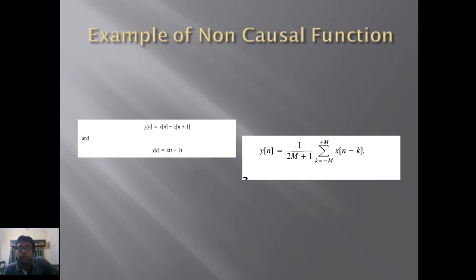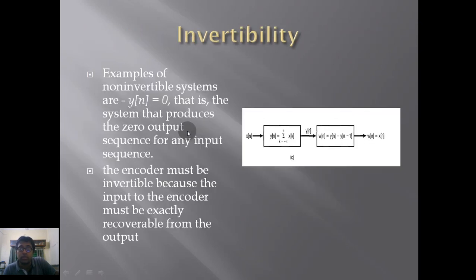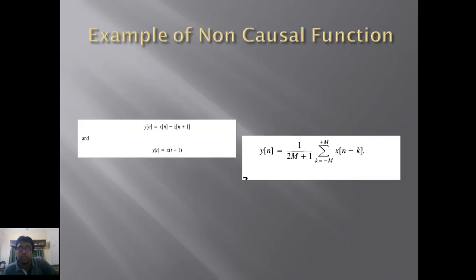So these are examples of non-causal signals, where y[n] is equal to x[n] minus x[-n]. And x[n+1] is the input value of the future. This is the present value, and this is the next value. So this is the example of a non-causal function.